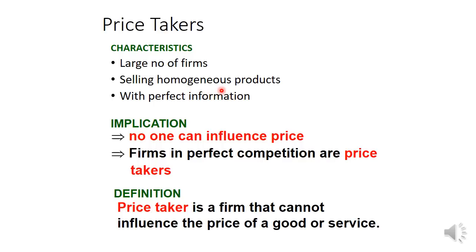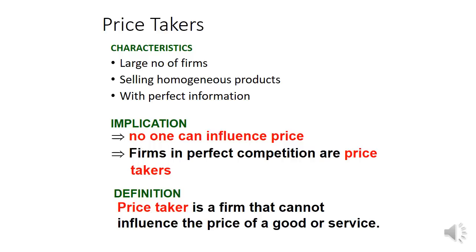Now, in this market, we assume there's perfect information. This applies to both the buyer and seller side. So the buyers know exactly everything about the market, where the sellers are, what time they open, whatever. The sellers also know everything: what is the cost, where are all the consumers. So there's perfect information in this perfect competition industry.